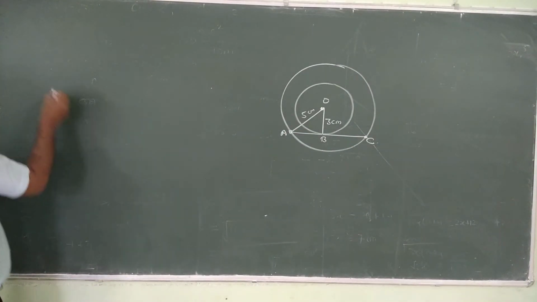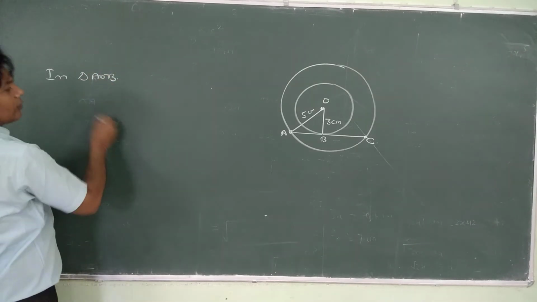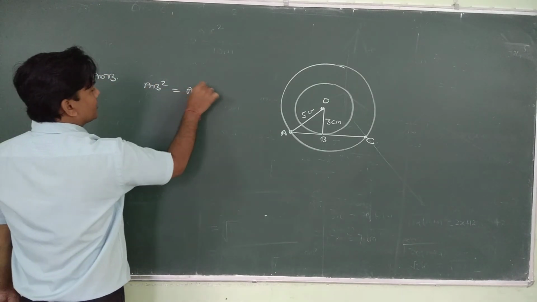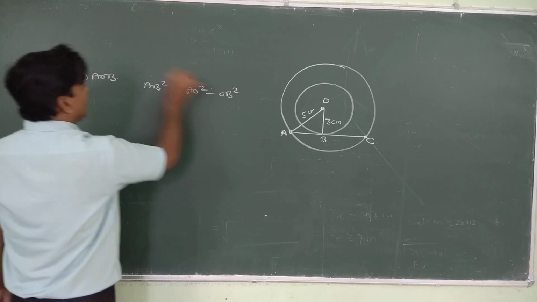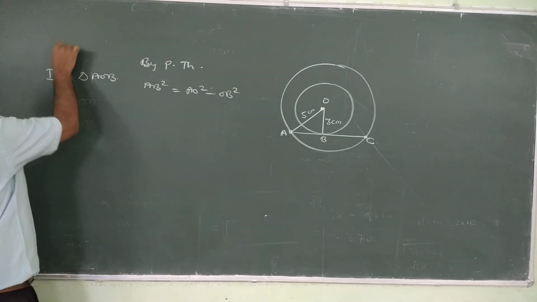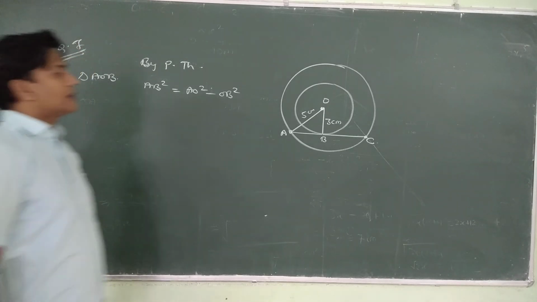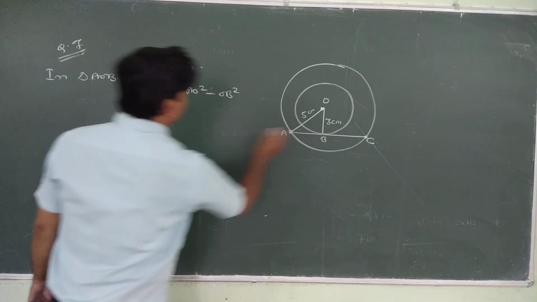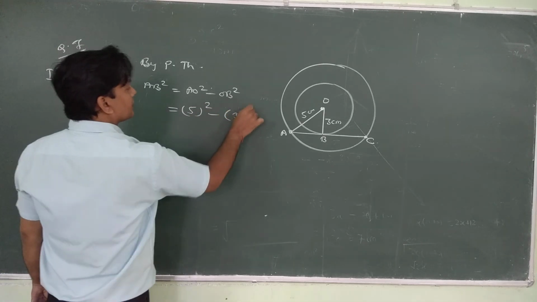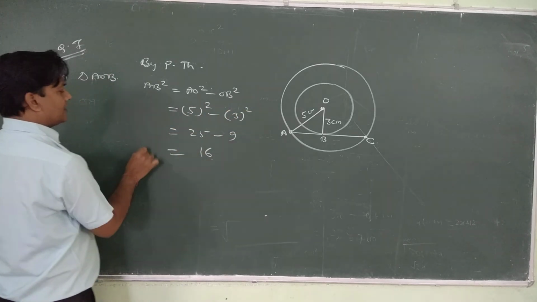For that, in triangle AOB, AB square is equal to AO square minus OB square by Pythagoras theorem. This is our question number 7. So we have to find the length of AB. Substitute the values here: 25 minus 9 gives us 16.